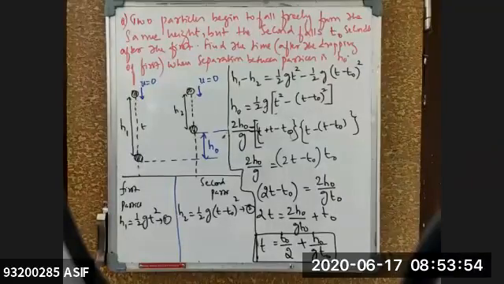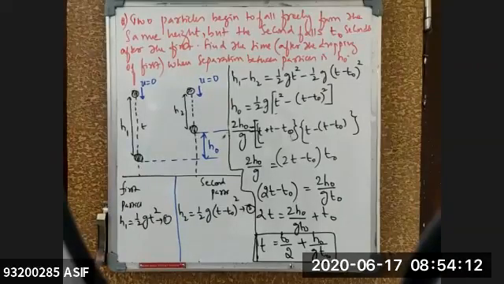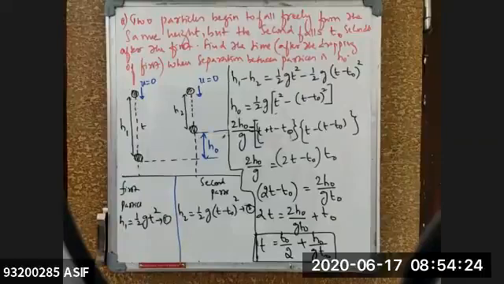Half g into t square minus (t minus t naught) whole square. Done?